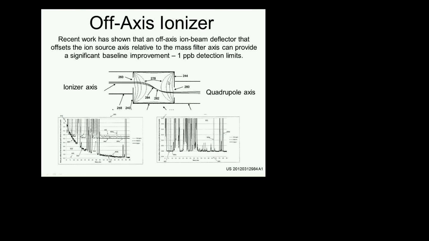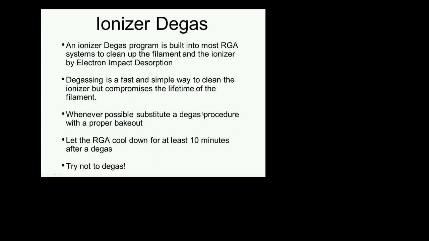So if I get the metastables to hit this wall here, and we don't let them into the quadrupole, this baseline ramp automatically disappears because no ions are being made by the metastables in this area. And that's how you get to lower the baseline and you get to achieve part per billion detection limits. So if any of you is looking at part per billion detection limits, definitely take a look at this V-lens technology, which is commercially available now.